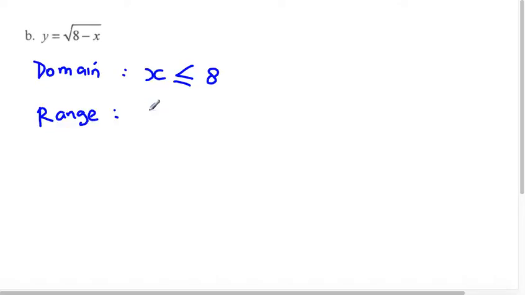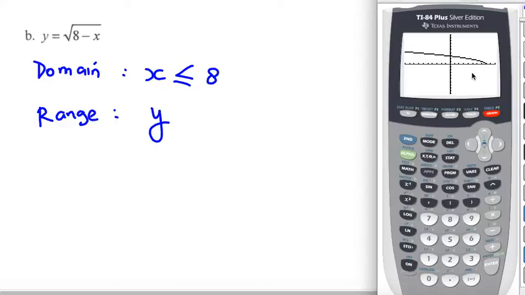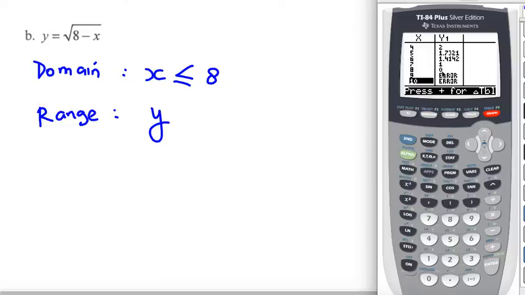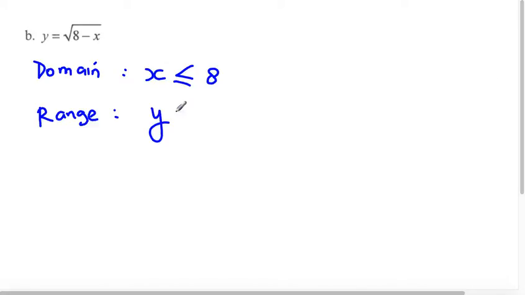As you saw just now, the value of y starts from 0 and it goes higher and higher, but there is nothing lower than 0. So then we can say the value of y, the range, is anything greater than or equal to 0, not lower than that.